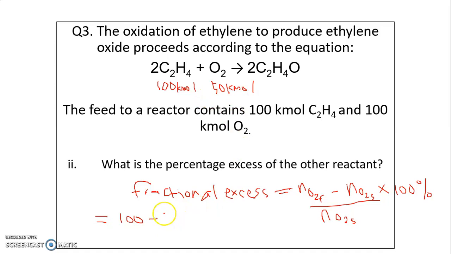So we minus 50 over 50 and then times 100%. What we get here is 100 minus 50 is 50. 50 over 50 is 1, so 1 times 100 is 100%. Okay, so the answer will be 100%.